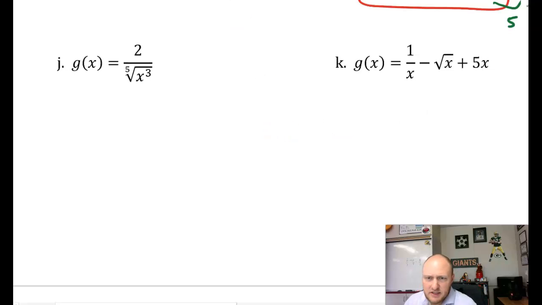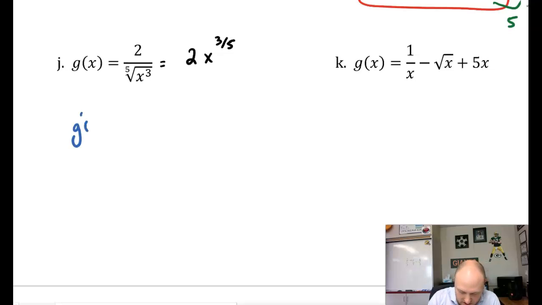Here's where we start to get weird and add in more terms. So G of x, this is 2 times x to the power of 3/5. And so I'm going to differentiate this. G prime of x. Don't forget your notation, G prime. Make sure you write that. I'll multiply by 3/5. So 2 times 3 gives us 6 over 5 x to the power of -2/5.